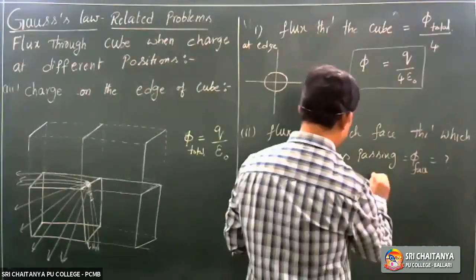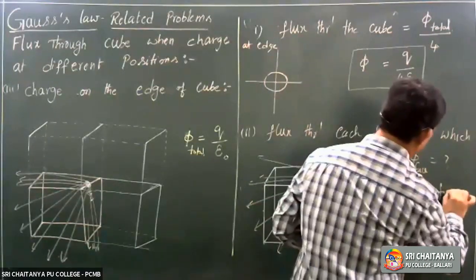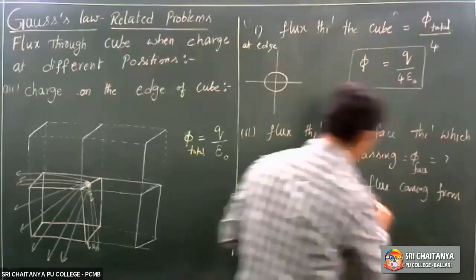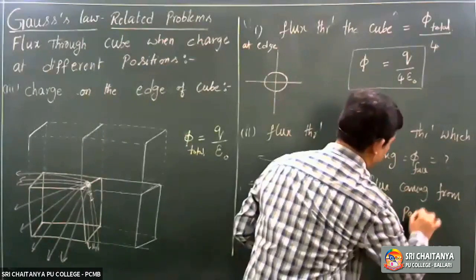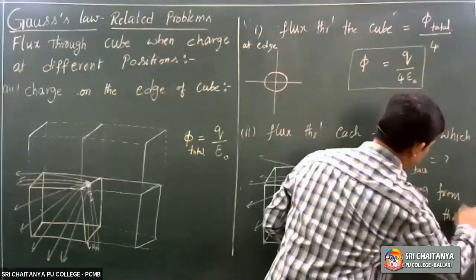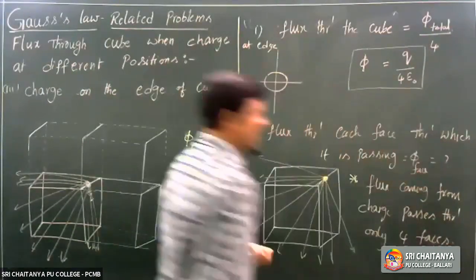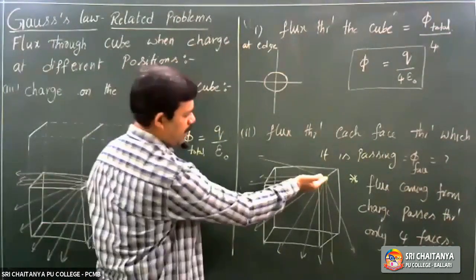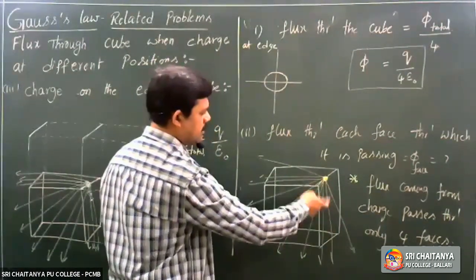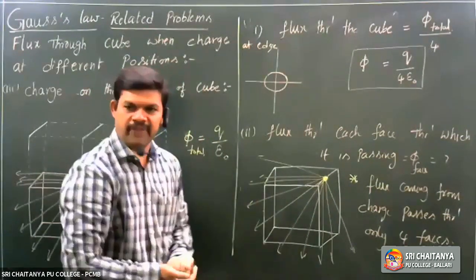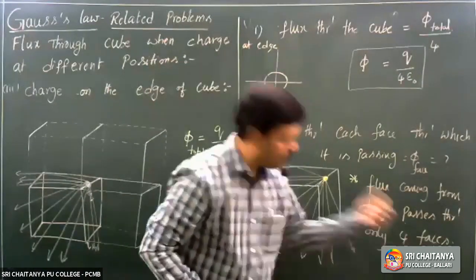So note point is what? Flux coming from charge passes through only 4 faces. Why? Parallel to this face and parallel to this face. Parallel means there is no flux linked with these two. What are the remaining faces? 2 are ineffective. Remaining 4 faces.